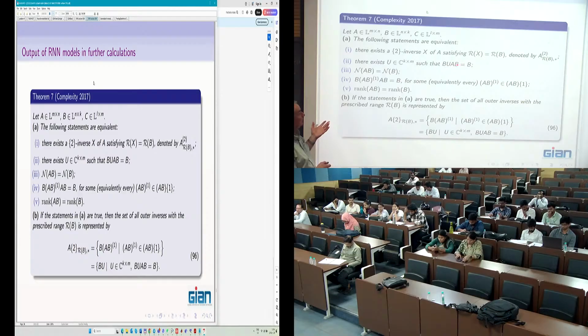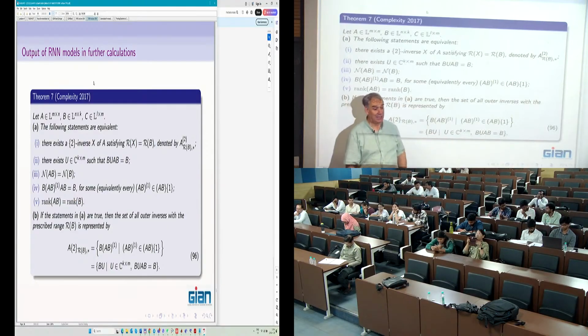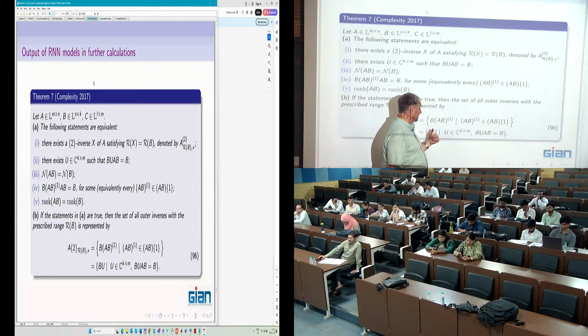BUAB equals B should be solvable with respect to U. Then multiplying by B from the left, we will obtain a different outer inverse.